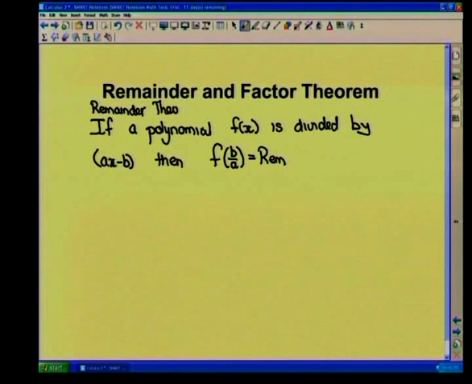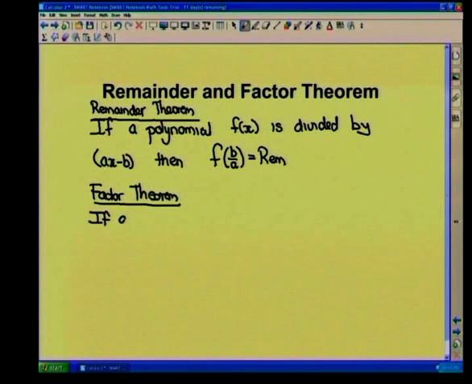All right, we also have the factor theorem. Now I'm going to spend some time talking about these in a moment. They're not too important, as I say. You just need to be able to use them effectively. But I will do the bare essentials with it. Basically, it says the same thing.